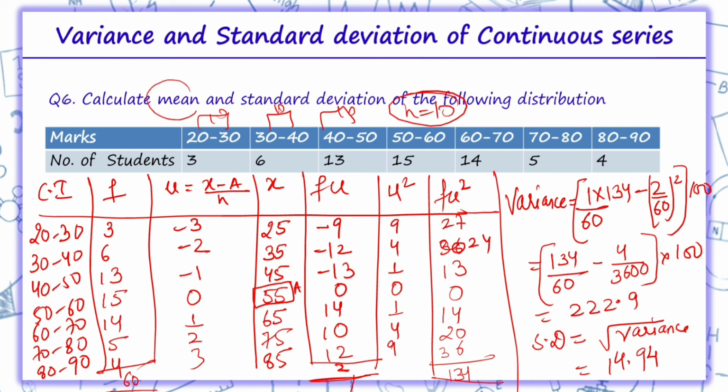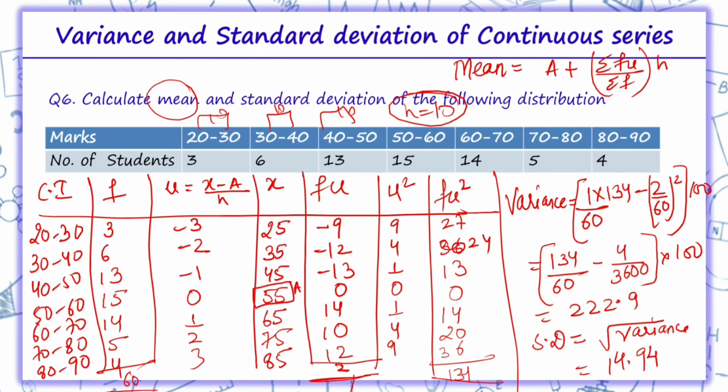Now also in this question, here we calculated variance and standard deviation. Over here we have to calculate mean also. So when it is a continuous series, when we have to calculate mean, the formula becomes a plus summation fu upon summation f into h. So a is what over here? 55. We'll put the values over here: 55 plus summation fu is 2 upon 60 into h is 10.